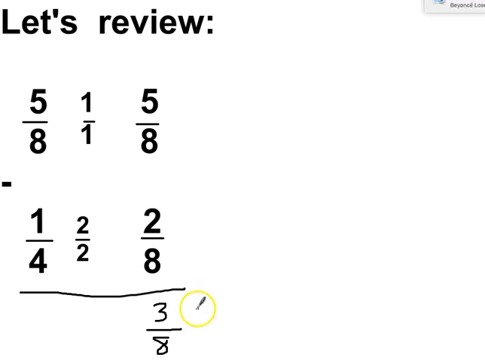And I look at 3/8. I cannot reduce 3/8 anymore. It's already in simplified form. So I am done when it comes to the fraction that I'm going to be using. So that's the review. My first step was to find my least common multiple.